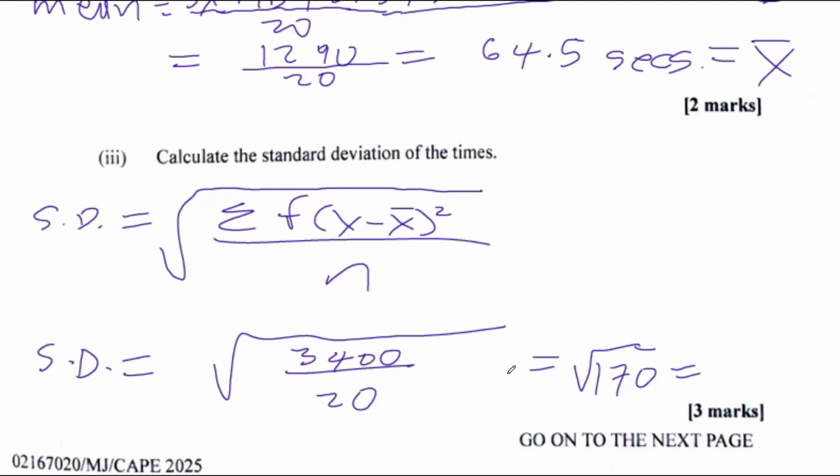So the square root of 170 is 13.04. So the standard deviation is 13.04. The unit is seconds, right?